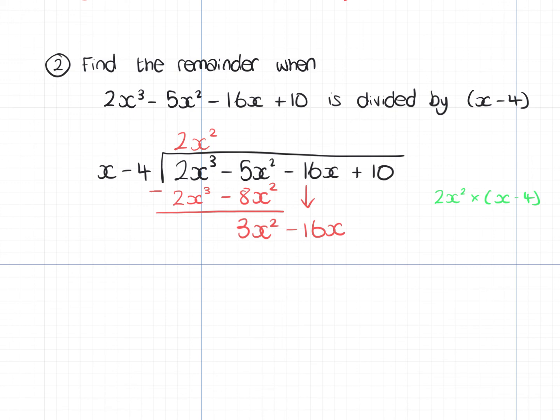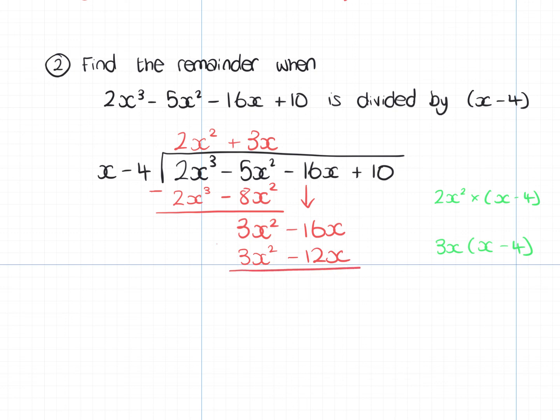Okay, what do I now need to times by to get this? I've got an x, I want to get 3x squared, so I need to times x by 3x. That's a positive 3x. I'm going to put that at the top. And then, what is that 3x multiplied by x minus 4? 3x times x minus 4 will be 3x squared minus 12x.